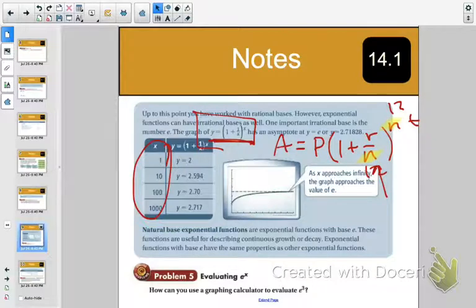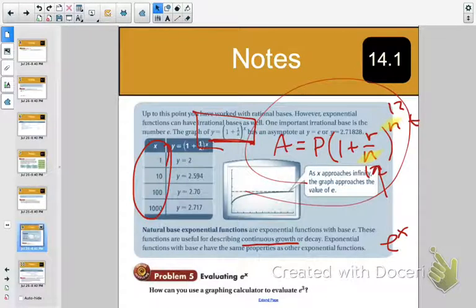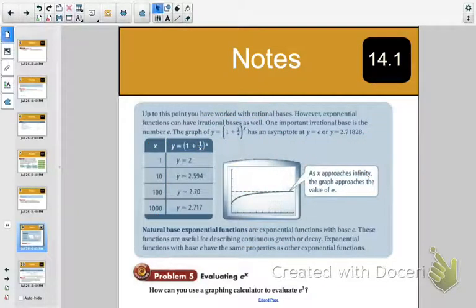Natural base exponential functions are exponential functions with base e, so it looks like e to the x or something like that. These are useful for describing continuous growth, so that would be a continuous interest rate if we're looking at interest, or decay. Exponential functions with base e have the same properties as other exponential functions. How can you use a graphing calculator to evaluate e to the third?